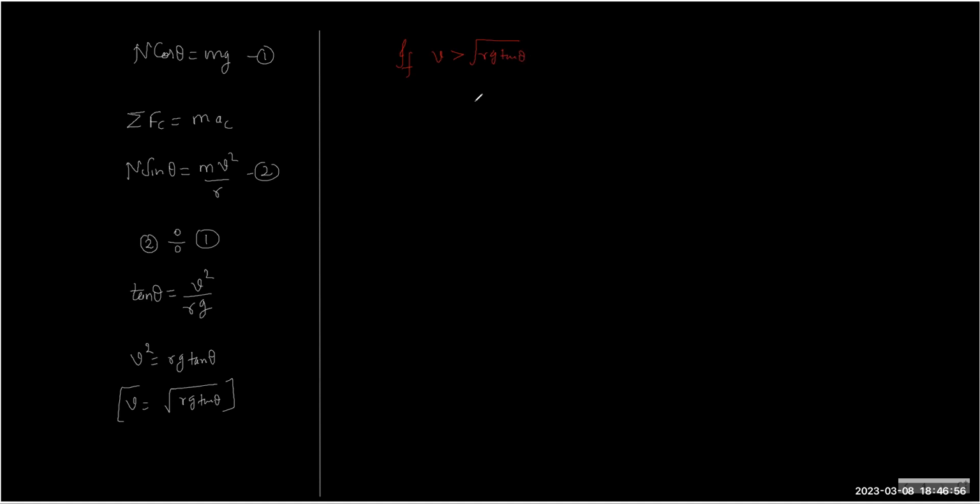If v is more than that, then what will happen? Or let's say, I'll start with the first case. If v is less than the square root of RG tan theta, what will happen? Any guess?